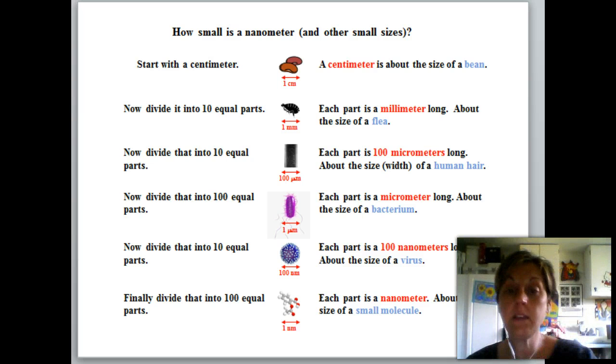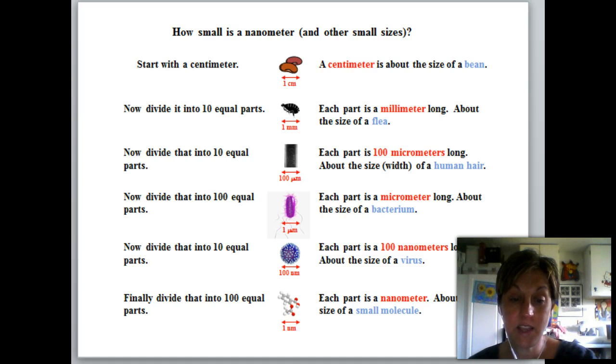If we were to take that millimeter and divide it into 10 equal parts, that would be 100 micrometers, about the width of a human hair. If we take that 100 micrometers and divide that into 100 pieces, that would be 1 micrometer long, about the size of a bacterium.